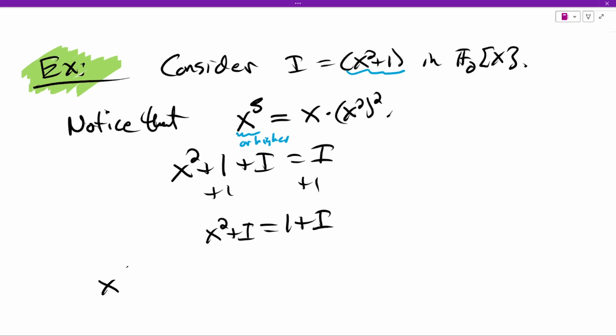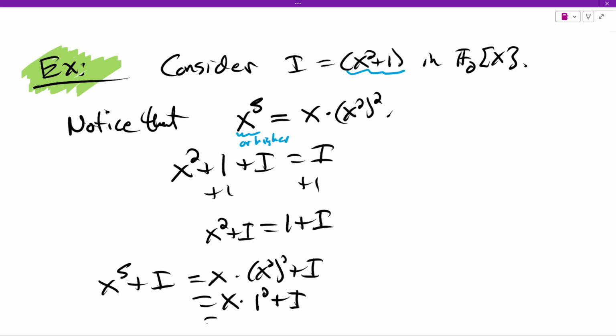So if we were to look at, for example, x to the fifth plus I, well, as I've written, that's x times x squared squared plus I. But x squared is 1 mod I. So we get x plus I out of that.